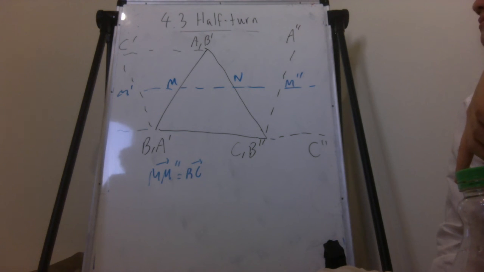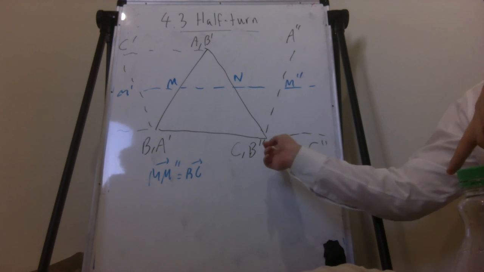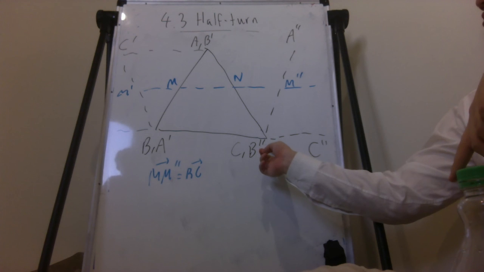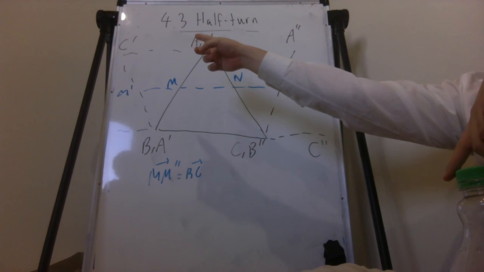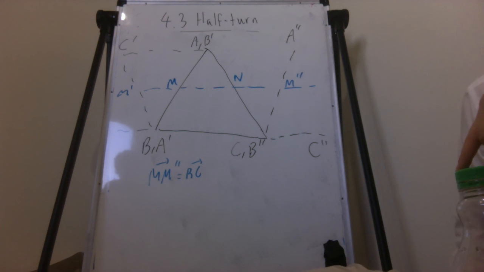C prime. There's a lot of effort to draw, but I can't quite see the point of doing it. Yeah. So C goes to that one. It's a parallelogram of this, yeah? And then it goes to C double prime.